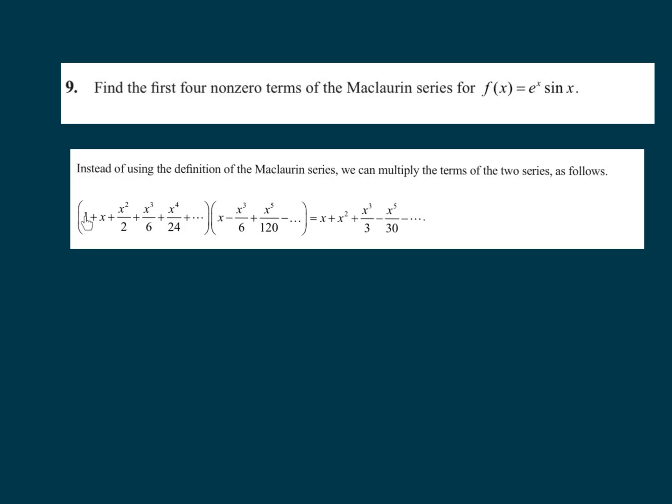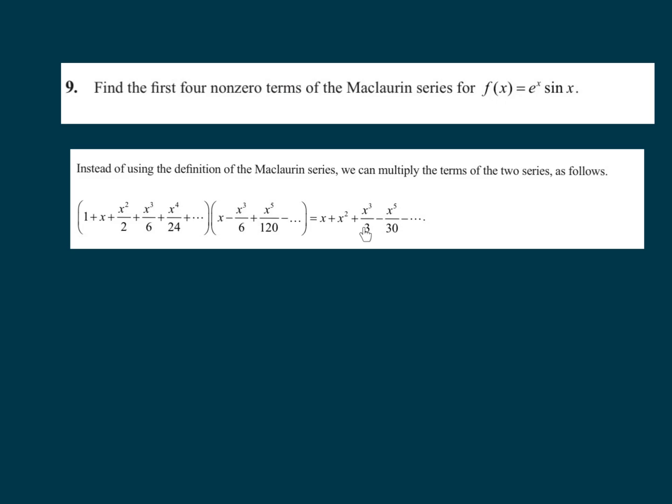The following term that will appear is when I multiply this x by this x, so it will be x squared. The following order that will appear is when I multiply the 1 by the x cubed, so it will appear minus x cubed.